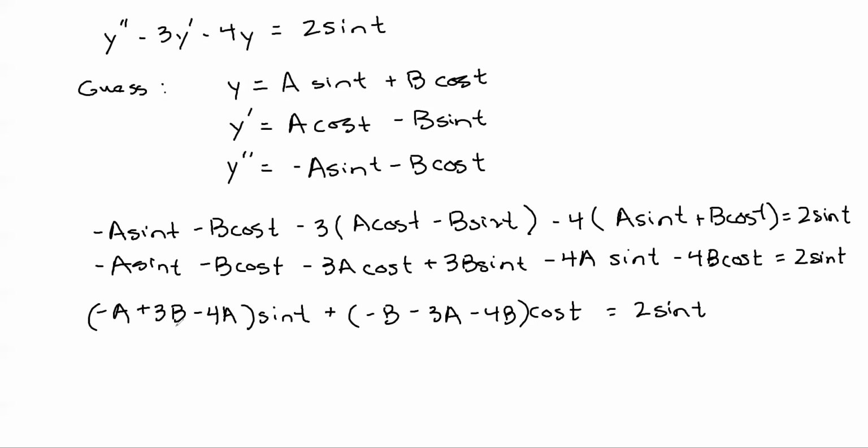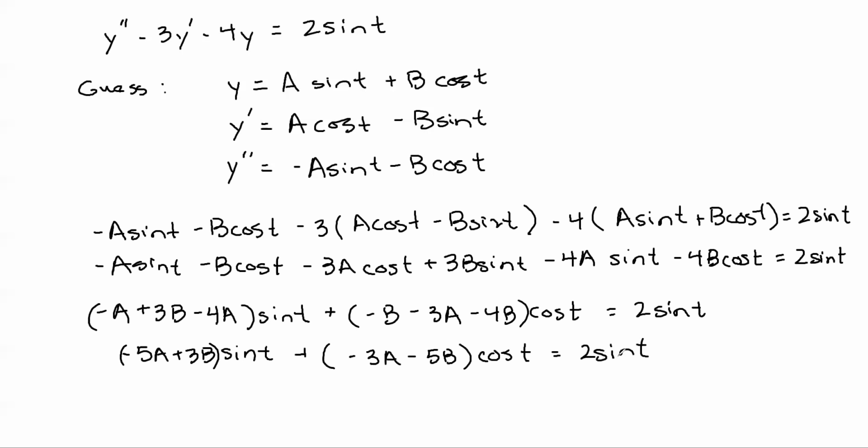Okay, and then we could combine these. So looks like we're going to have minus 5a plus 3b sine t. And then over here, let's reorder these so that we've got a first. We'll have negative 3a minus 5b cosine t.